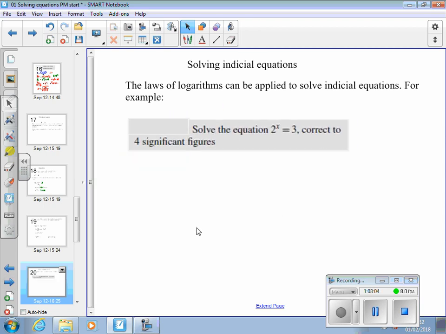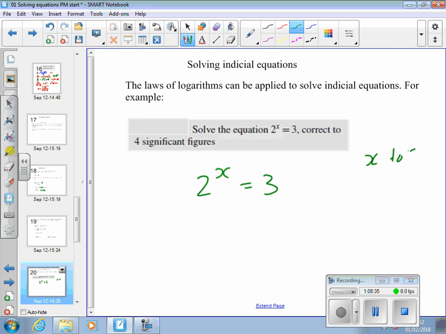Solve the equation 2 to the power x is equal to 3. Find x to 4 significant figures.